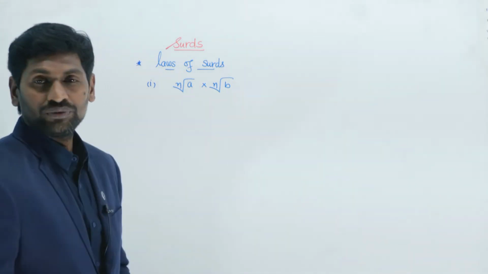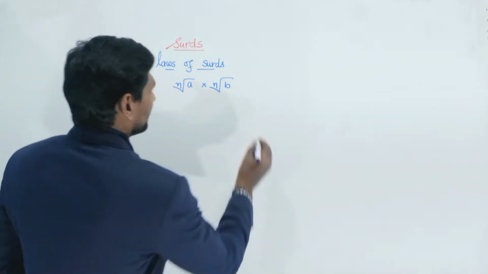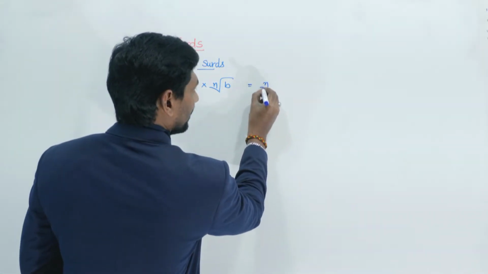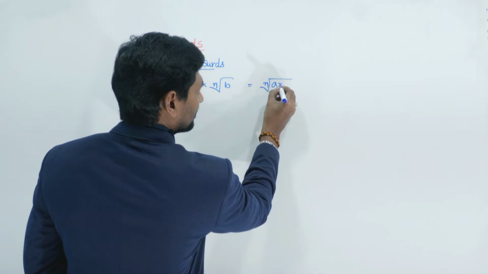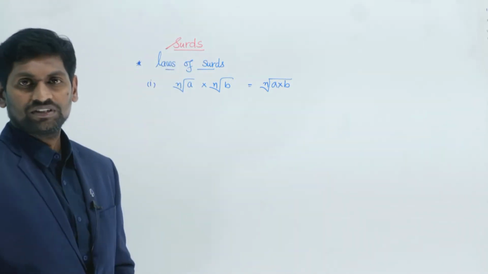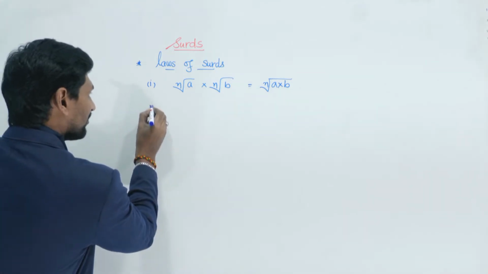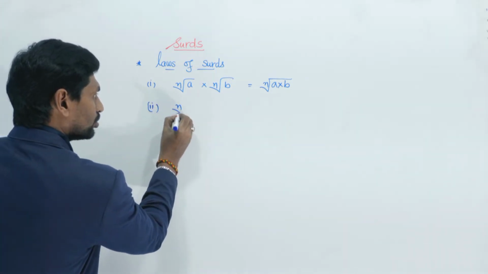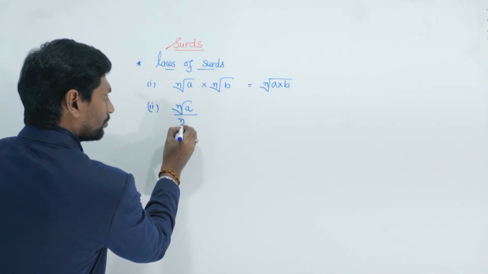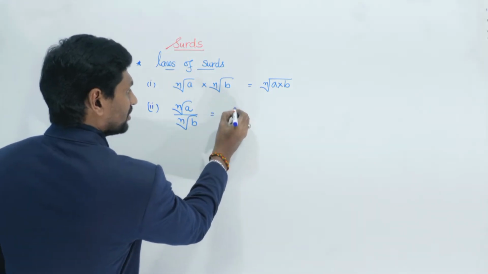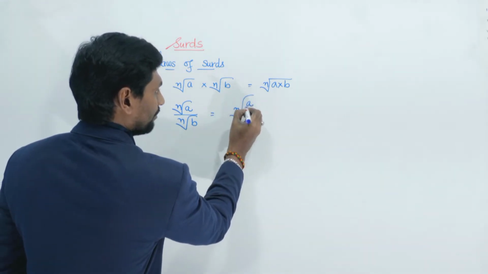Between them, when you have the into symbol, we can directly multiply their radicands. So nth root A into B. In the same way, nth root A by nth root B equals nth root A by B.